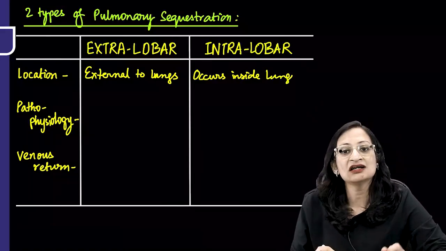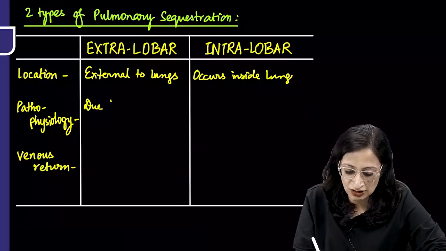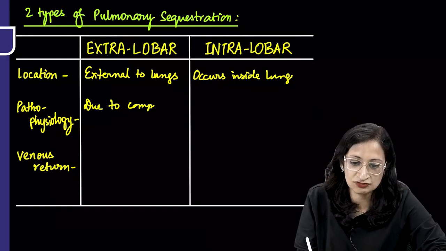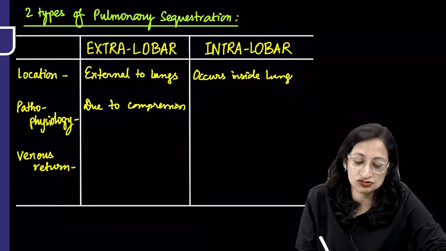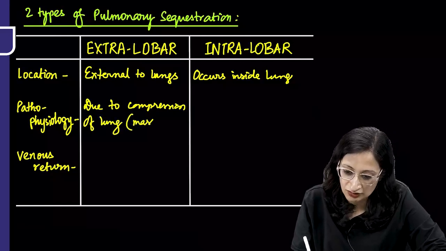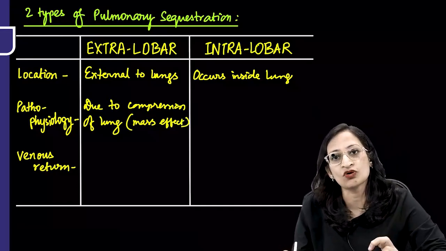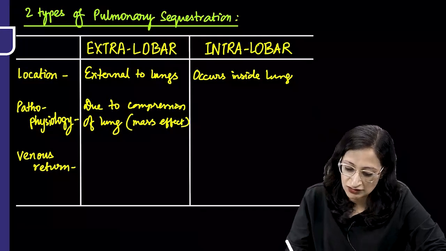The manifestation of the extralobar type is due to compression of the lung, so by mass effect it manifests. While the intralobar type manifests due to localized infections or bronchiectasis.